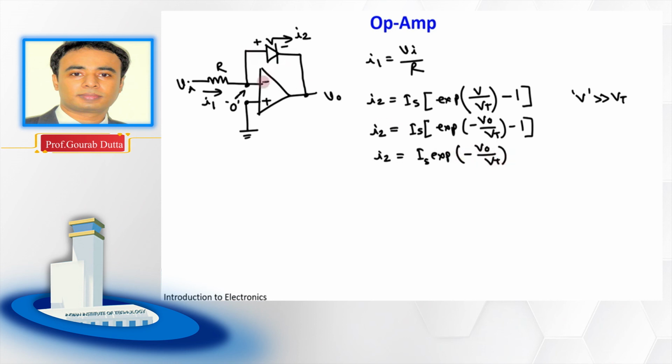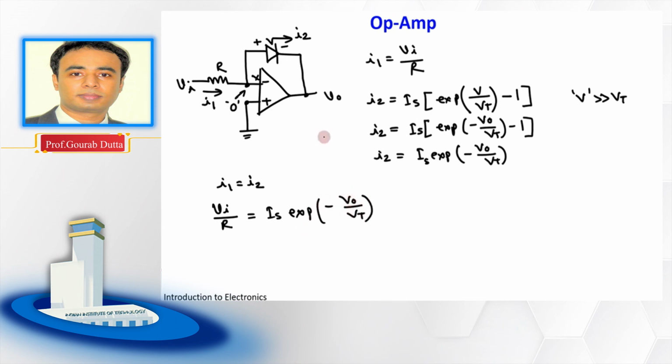And from the circuit it is clear that I1 is equal to I2, because no current is going inside this op amp. So as I1 is equal to I2, we can write Vi by R is equal to Is exponential of minus V output by Vt.